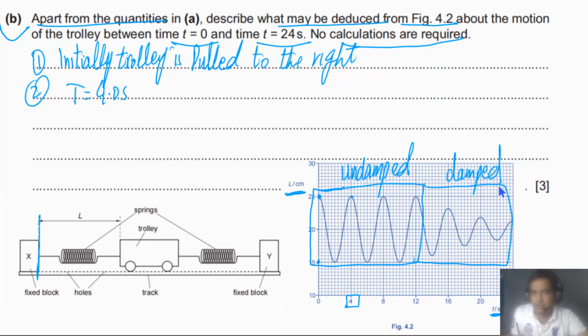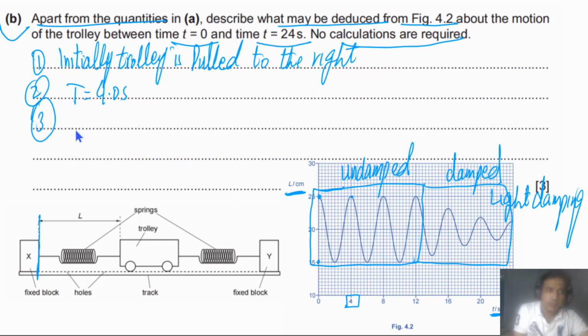But this damping is light, because the amplitude is decreasing exponentially and gradually. So we can say light damping. So the third point we can say is that the initial motion is undamped, meaning this part.